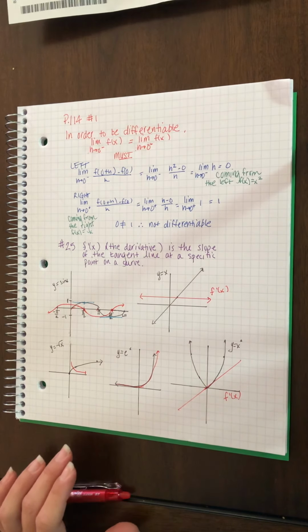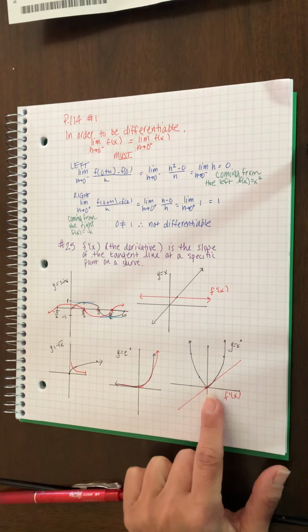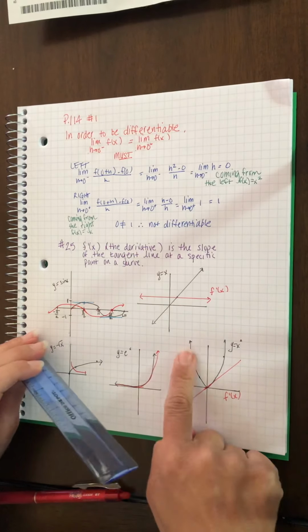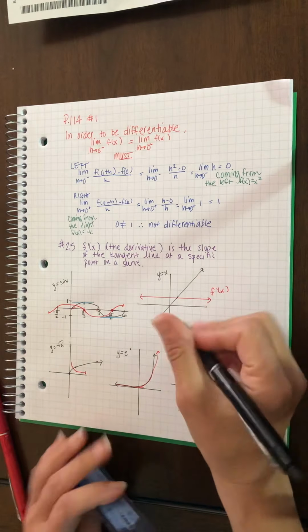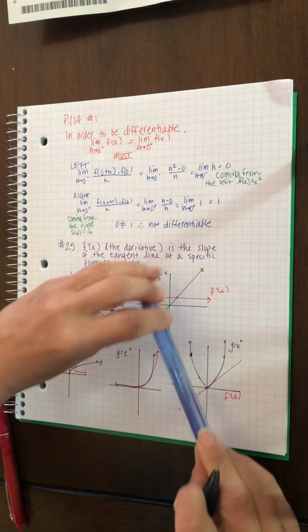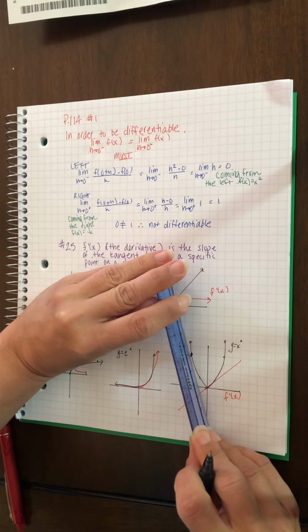Y equals x squared. Okay, so y equals x squared. The slope of a tangent, let's just say at the point negative 2, 4, has a negative slope.